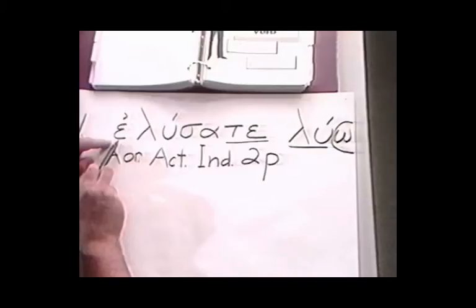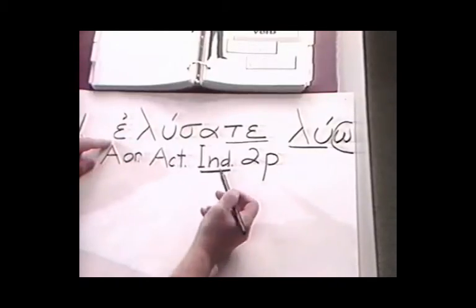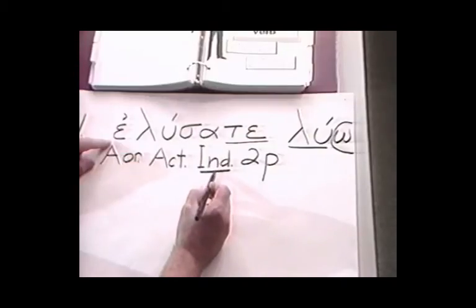And if there is an augment, then we know that we are in indicative mood. Why? Only in the indicative is time an element. Also, we know that we're dealing with one of three tenses which can show past time in the indicative mood. That would be the imperfect, the aorist, or the pluperfect. And we're not worrying about pluperfect right now, so either this would be the imperfect or the aorist.